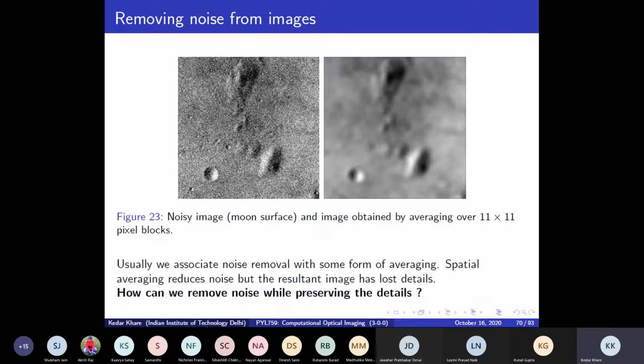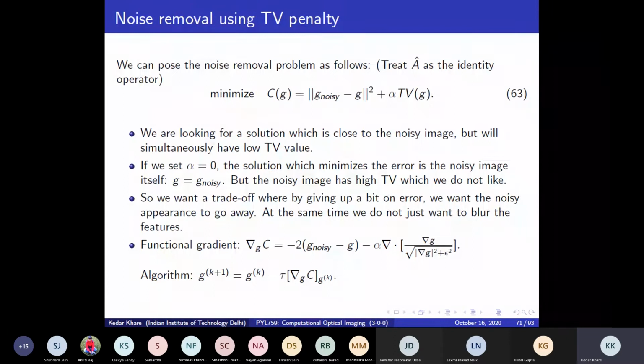And as I already showed you, if you just average over some pixel blocks, that is going to get rid of a lot of details in the image. So we wanted to do something smarter, and so we are going to try to do the noise removal problem with a TV penalty, for example.